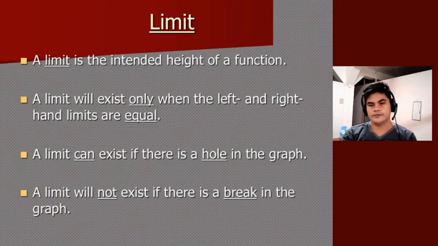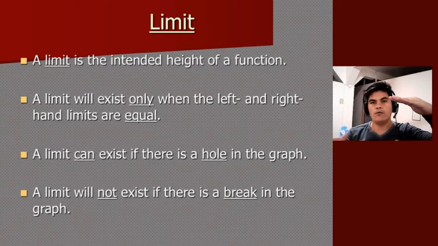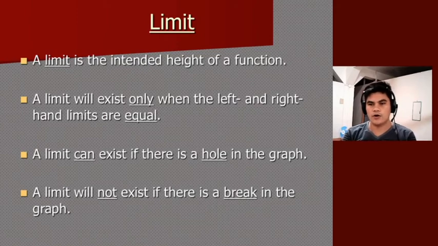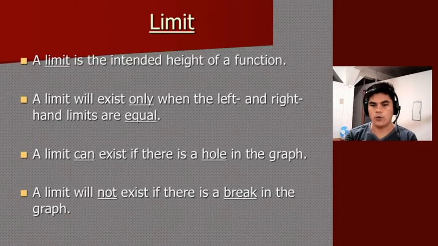Take note of this. A limit is the intended height of a function. So when we say limit, it is the intended height of the function. Example, as x gets closer to 4, then the limit is there. The limit will exist only when the left and the right hand limits are equal.